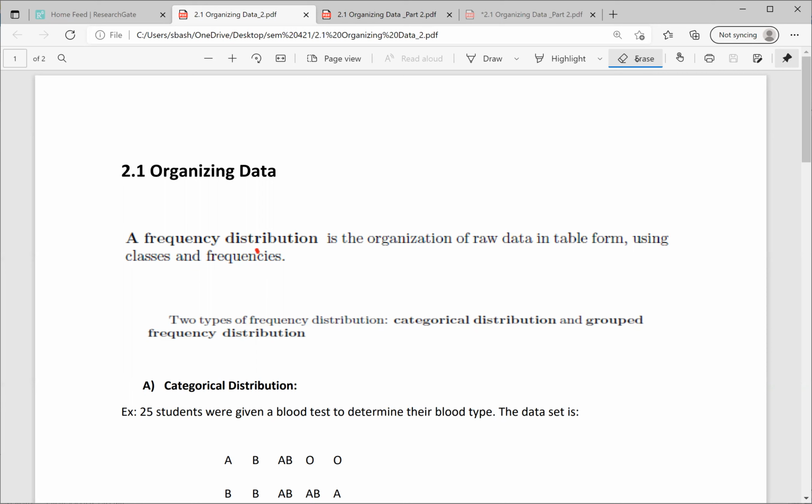For organizing the data, let's define something called the frequency distribution. Frequency distribution is the organization of raw data in table form using classes and frequencies.